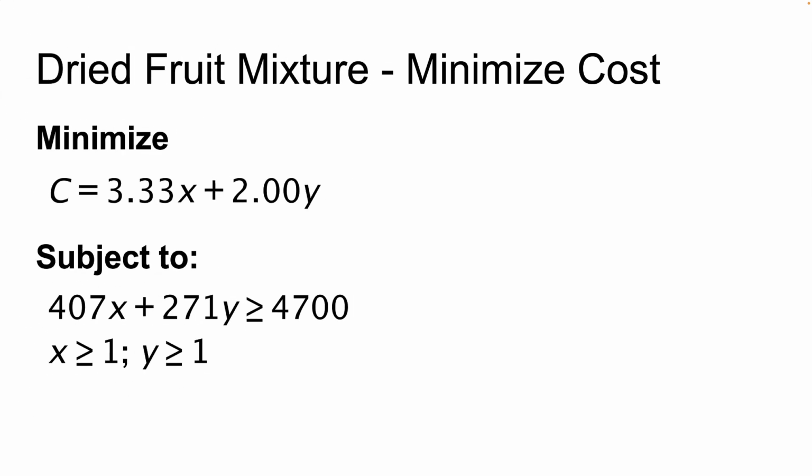So for the dried fruit mixture problem where we're trying to minimize cost, we want to minimize the function C equals $3.33X plus $2Y, subject to the constraints 407X plus 271Y is greater than or equal to 4,700, X has got to be greater than or equal to 1, and Y has got to be greater than or equal to 1.